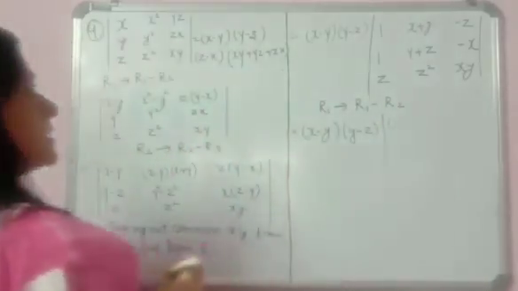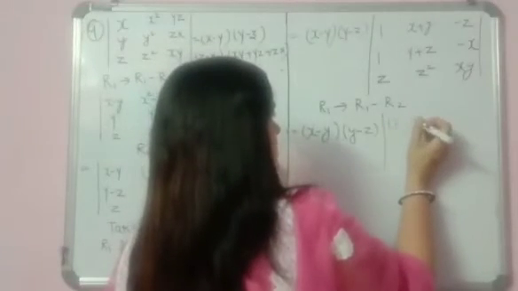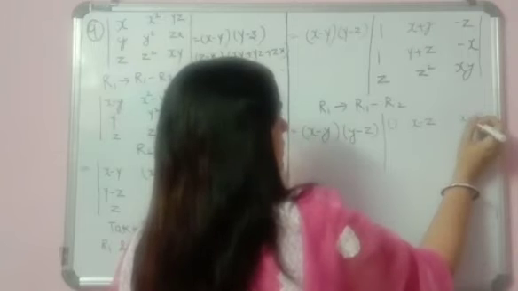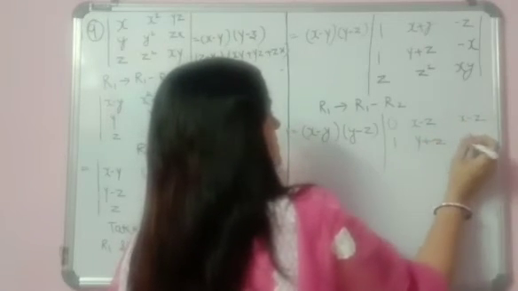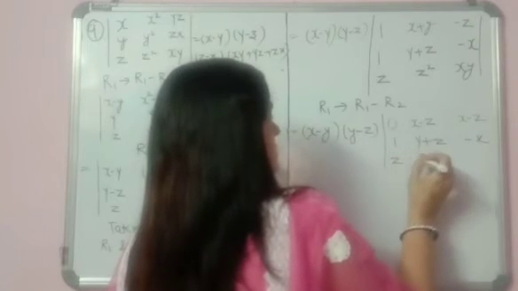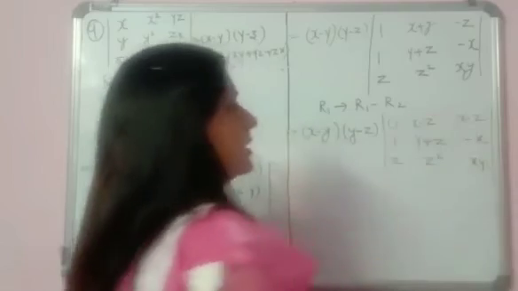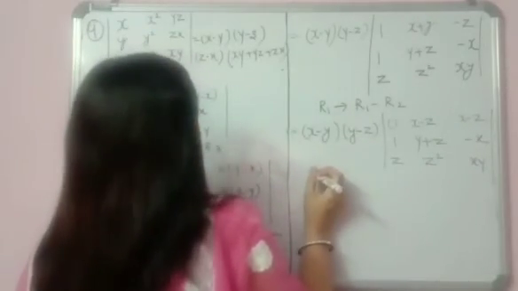Then x plus y minus z means x minus z, and here also you will have x minus z, 1, y plus z minus x, z square and xy. Now again take out common x minus z from this.